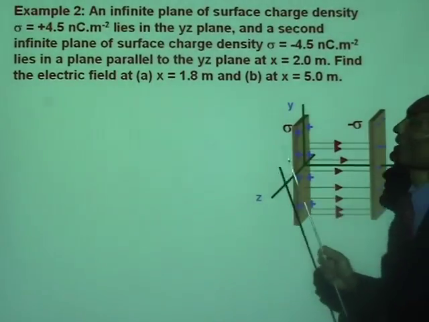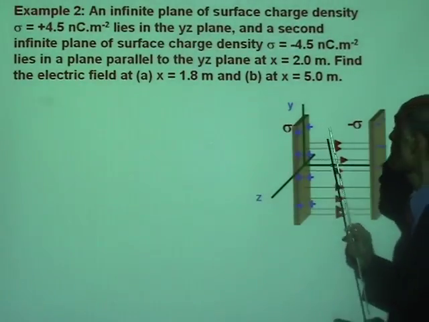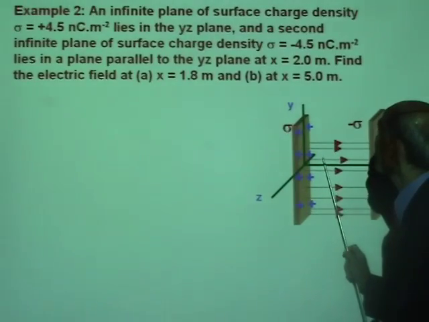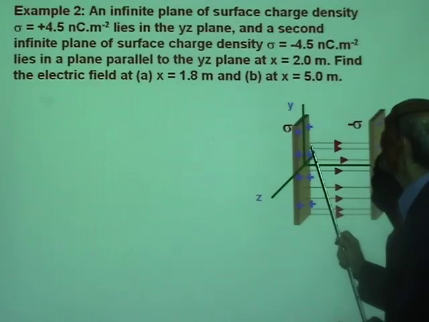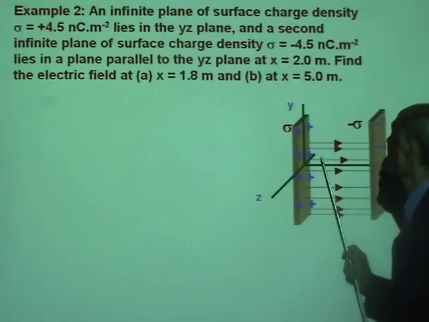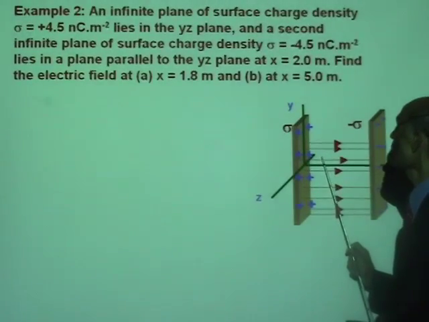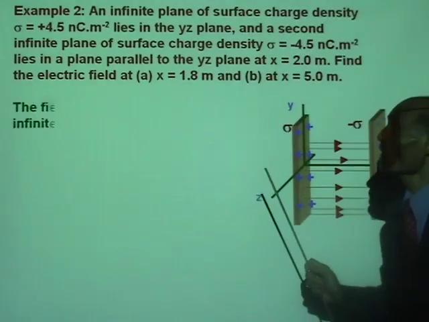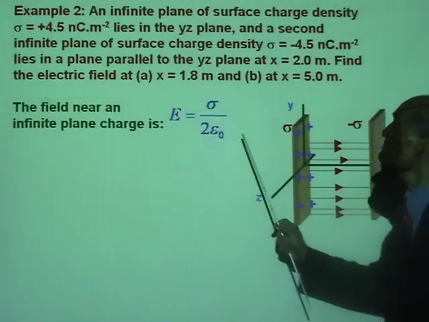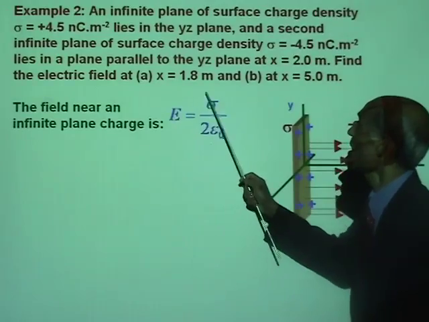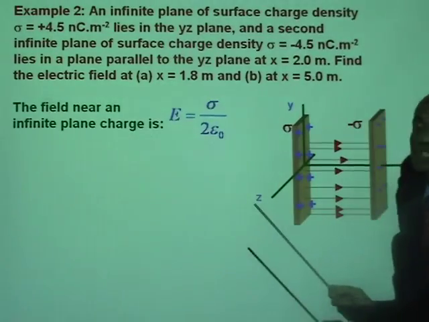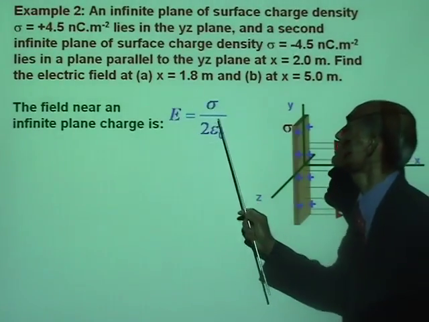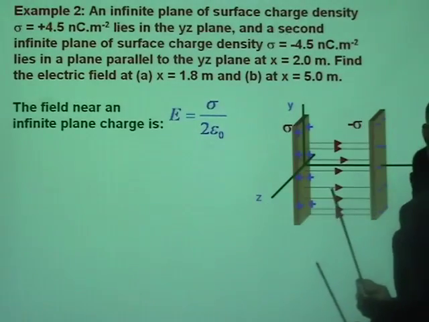Now tell me, using Gauss's law, if you remember, what is the expression for an electric field at a point close to a charged infinite plane? Field at this point will be sigma over 2 epsilon naught. So the field near an infinite plane charge is E equal to sigma over 2 epsilon naught.